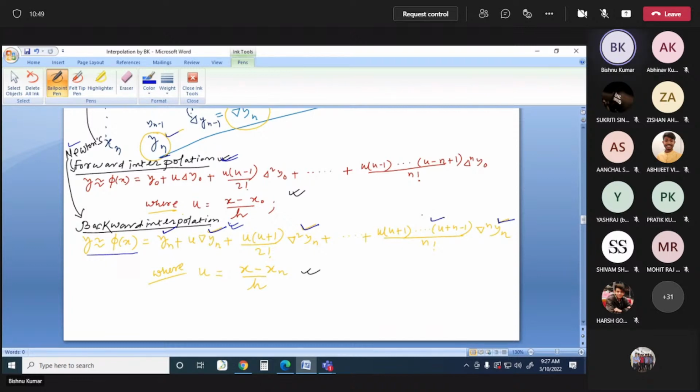The coefficient terms are multiplied with the lower diagonal elements and added. That is the series sum formula, where u is the transformed variable, x minus the last value of x, divided by the step length h.